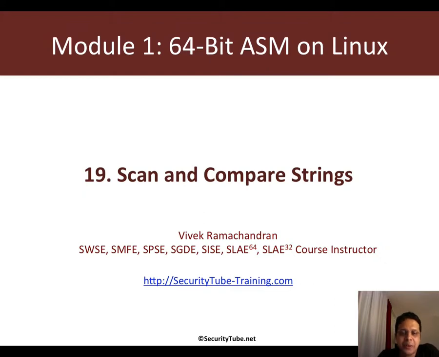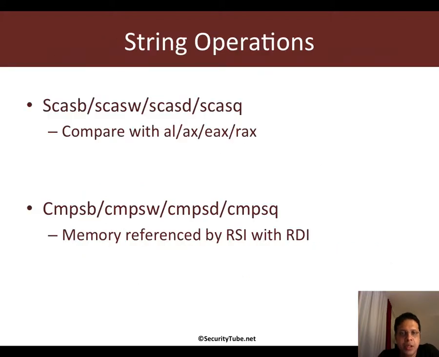Now in this video, we will look at scanning and comparing strings in 64-bit assembly. The two instructions we will touch upon are SCAS and CMPS. SCAS has SCASB, W, D and Q, which stand for comparison of 1, 2, 4 and 8 bytes.